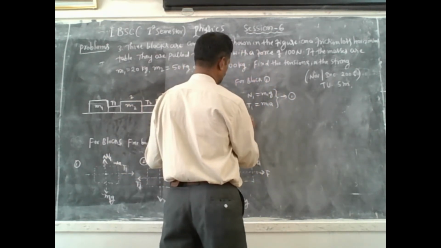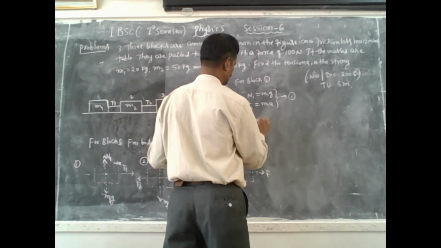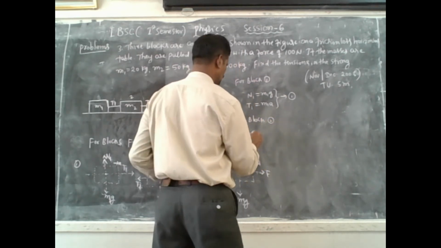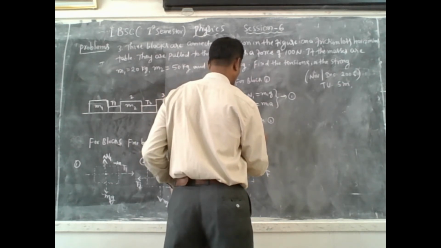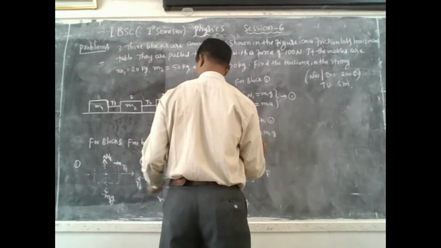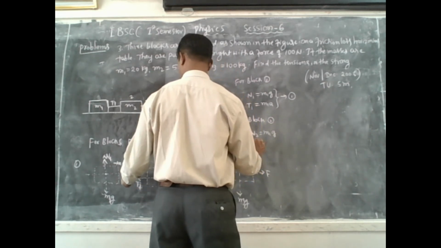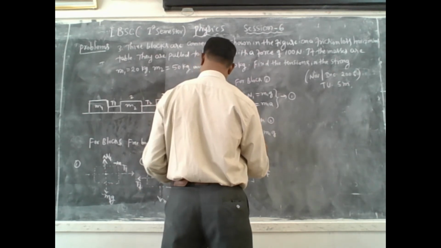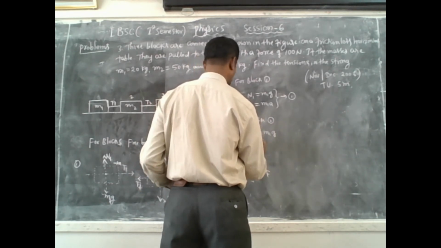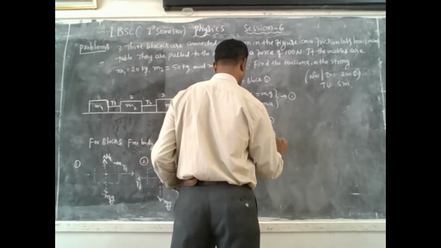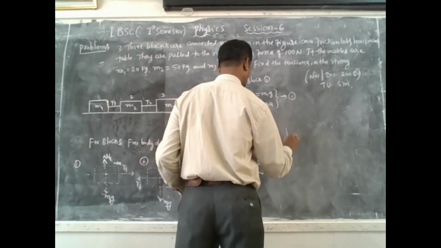And for block 2, N2 is equal to M2G and here T1. So T1 is less than T2, that's why T2 minus T1 equals M2A.